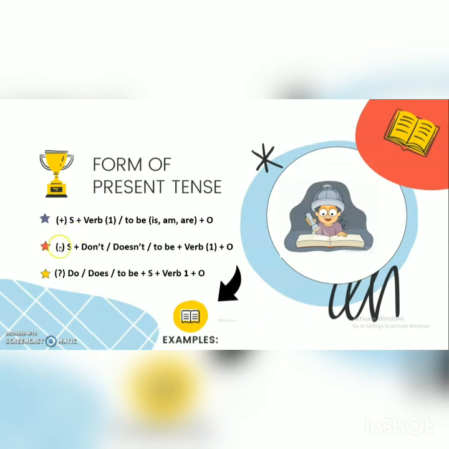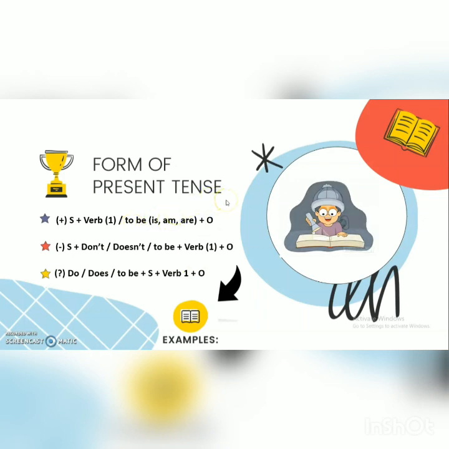And the negative form is subject plus don't or doesn't, or to be plus verb 1 plus object. And for interrogative, do or does or to be is, am, are plus subject plus verb 1 plus object. So that's all the form of present tense.